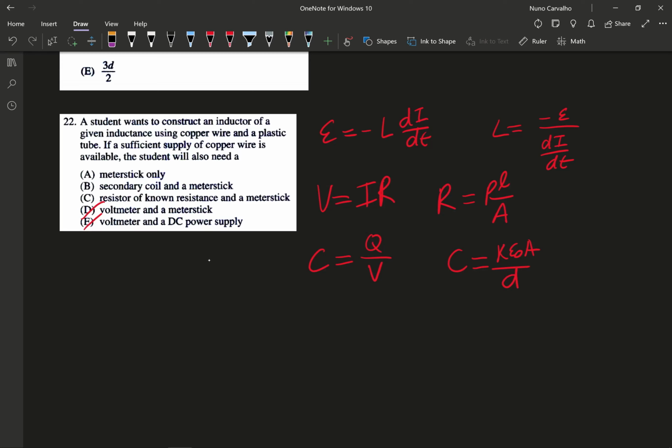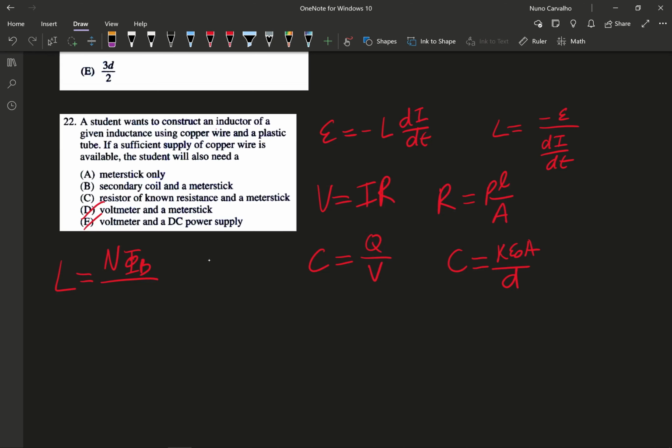So then you might be thinking, okay, what's the equivalent thing for an inductor? It's not given to you on the exam on the formula sheet, and so it might be more difficult. But there is this formula that maybe you got from your textbook, which goes like this, where N is basically the number of turns in a coil, which we can imagine is what's happening here because we have an inductor, or we have a copper wire and a plastic tube.